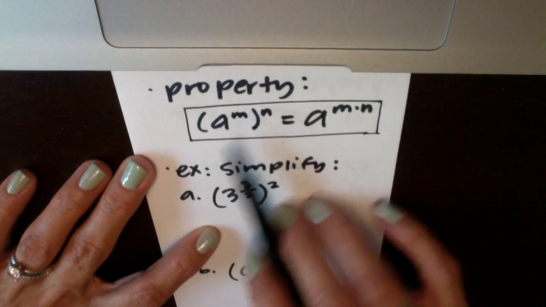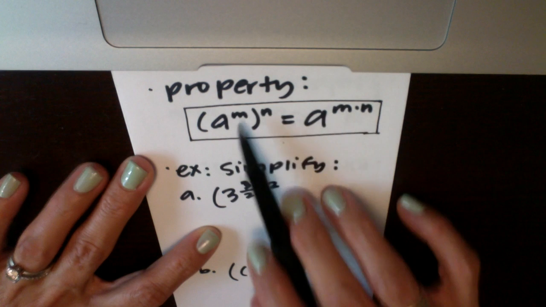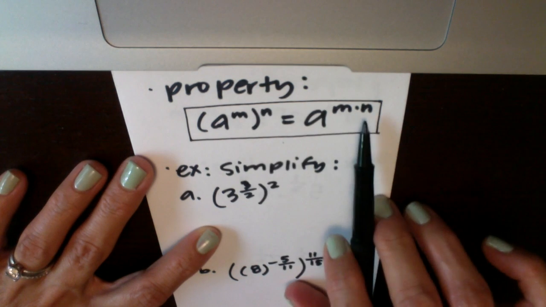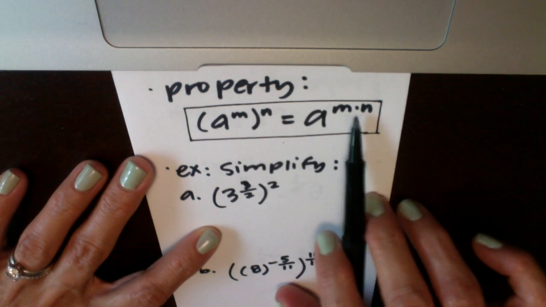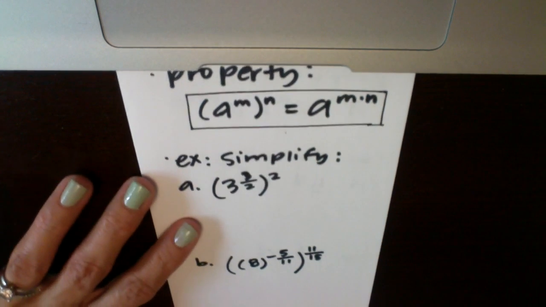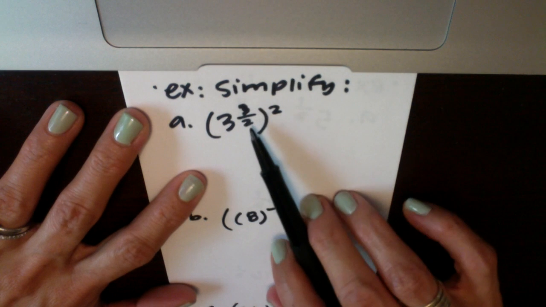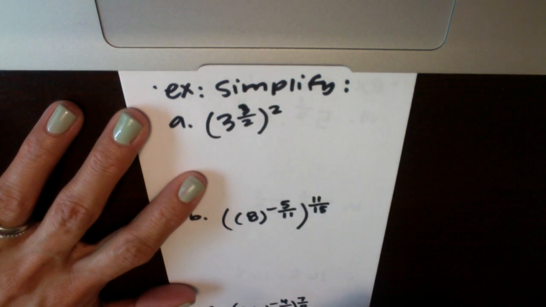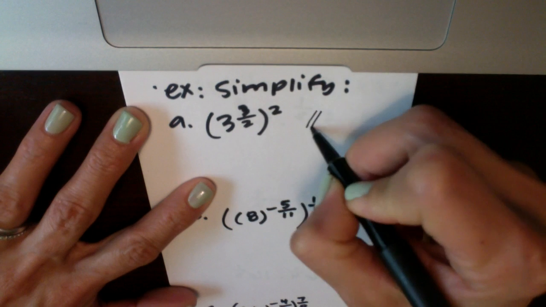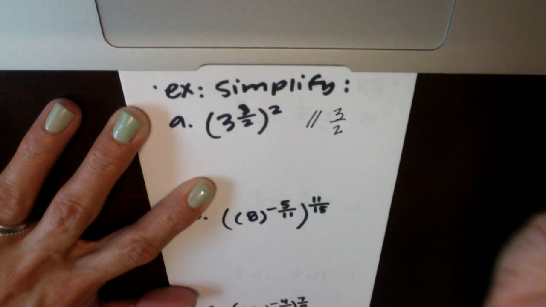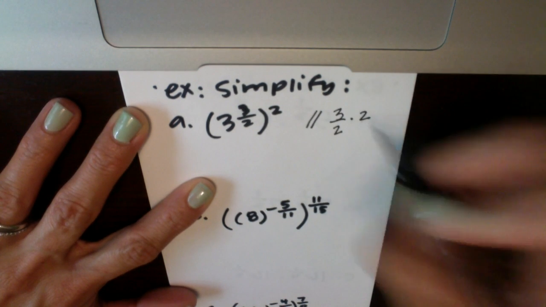Our next property is a to the m to the n. When you have exponents to exponents, you multiply the exponents, so this equals a to the m times n. On this next example, it says simplify 3 to the 3/2 all raised to the 2nd power. You're going to multiply those: 3/2 times 2.